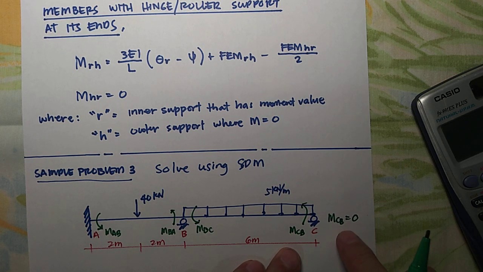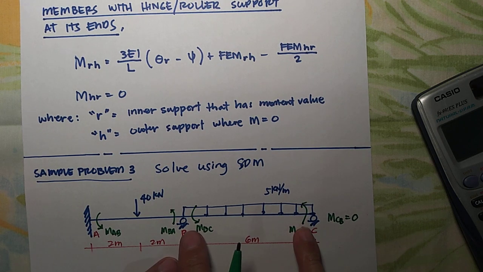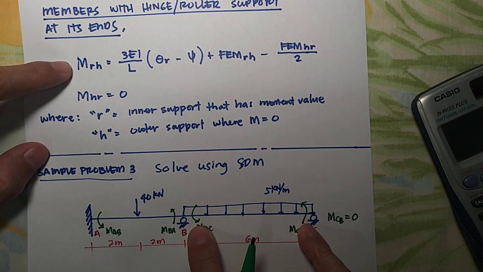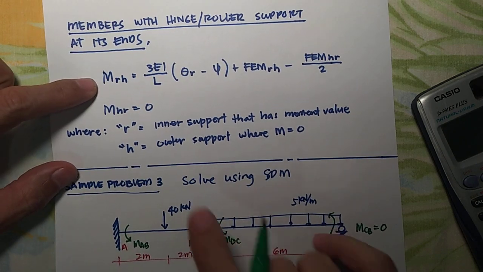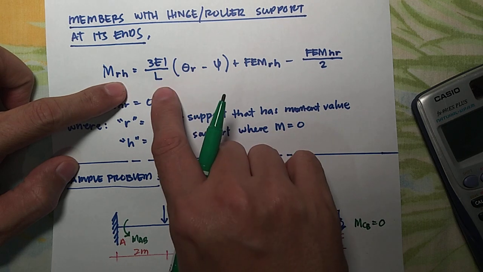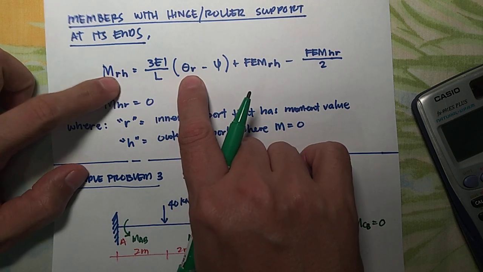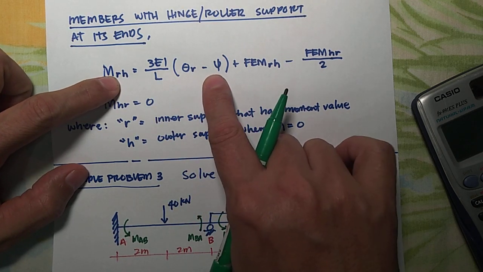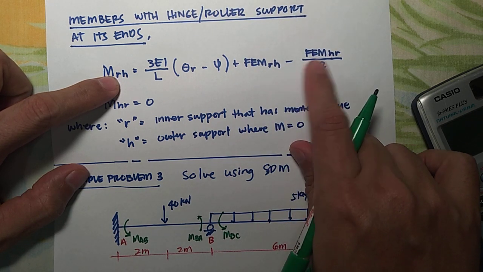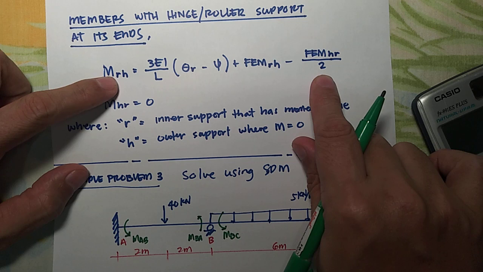Whenever the moment here is 0, the slope deflection method on this segment could be modified in such a way that the moment RH is equal to 3EI over L times theta R minus psi, plus fixed end moment on RH minus the FEM on HR over 2.